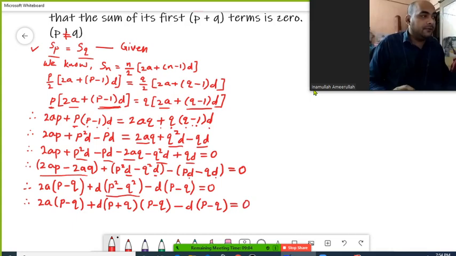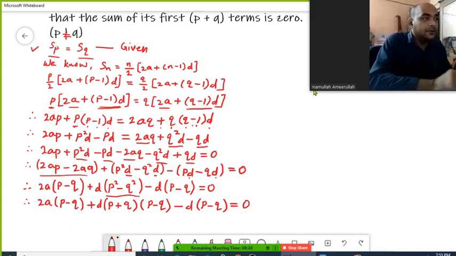So after that, again we need to take out common factors. After splitting this part, you can take out p minus q. I think p minus q is everywhere. So we can take out p minus q as a common factor, and whatever is left, you can merge in one bracket. So here we have p minus q.